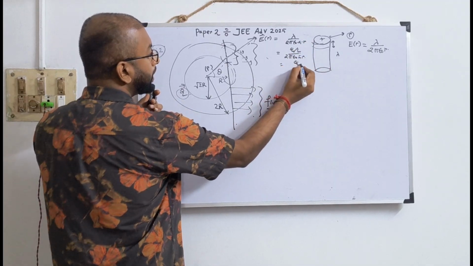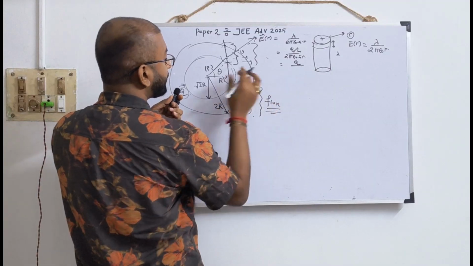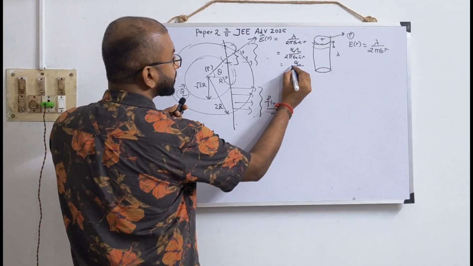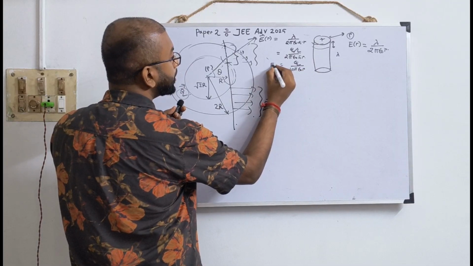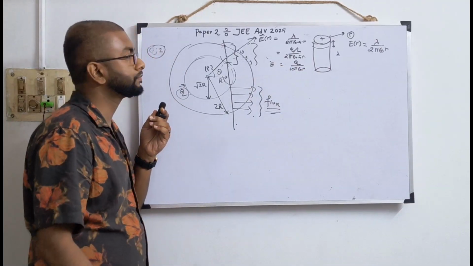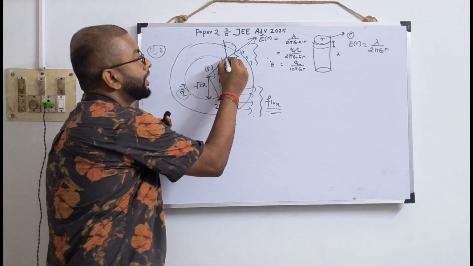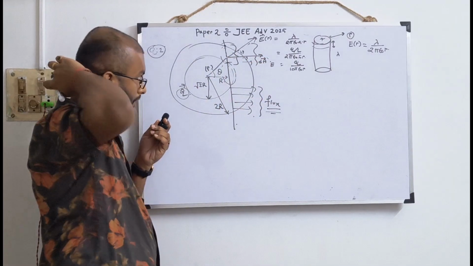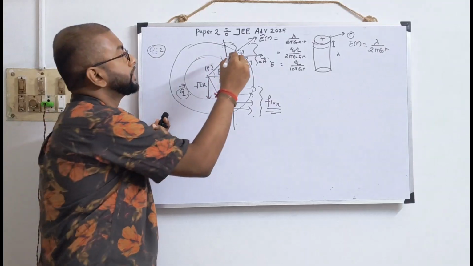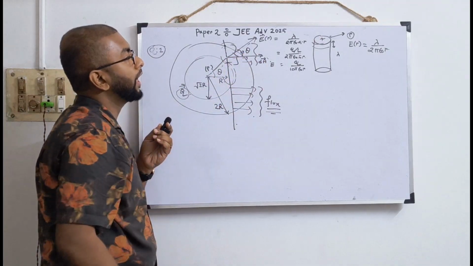So ultimately I am getting the electric field as a function of the distance from the center, that is this one, E. Now see, this is the direction of the small area vector dA at this point. So this is the angle between the electric field line and the area vector.